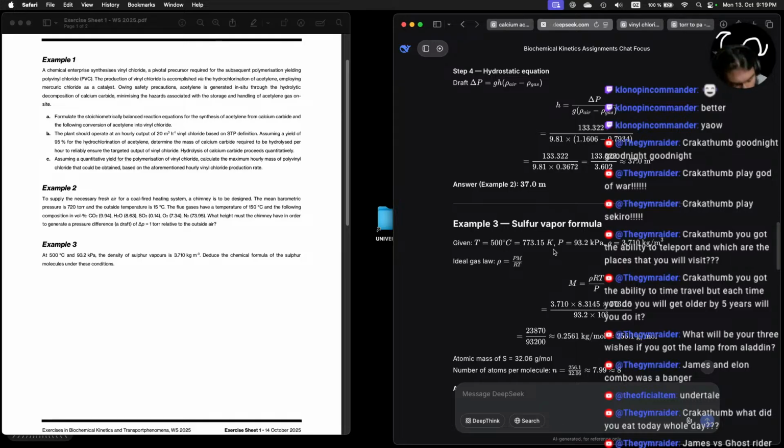Temperature equals 500 degrees Celsius. That is insane temperature. 773.15 Kelvin. I don't have to write the 0.15. Pressure: 93.2 kilopascal.